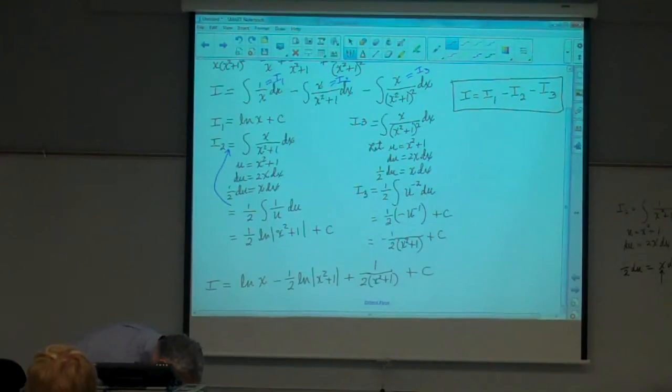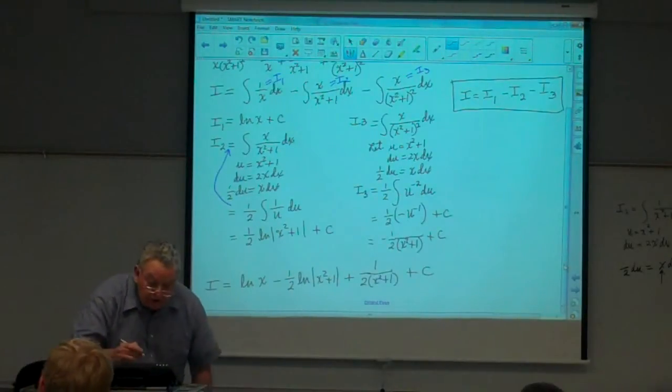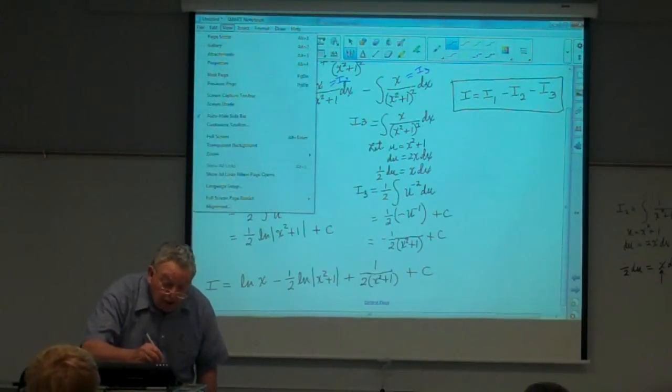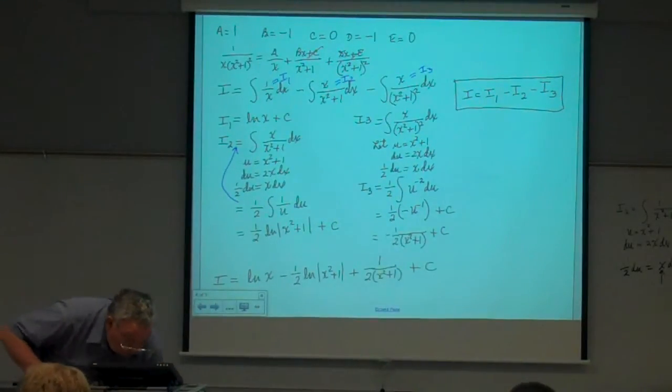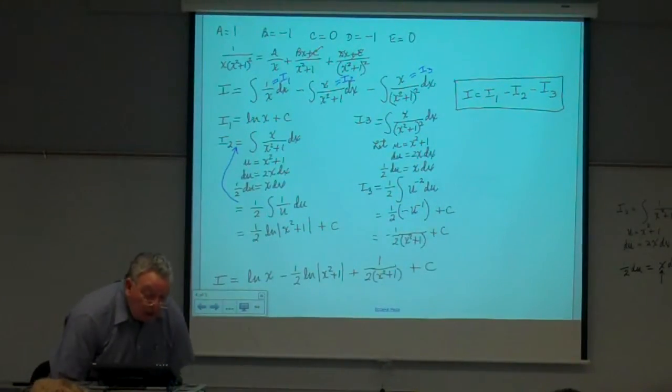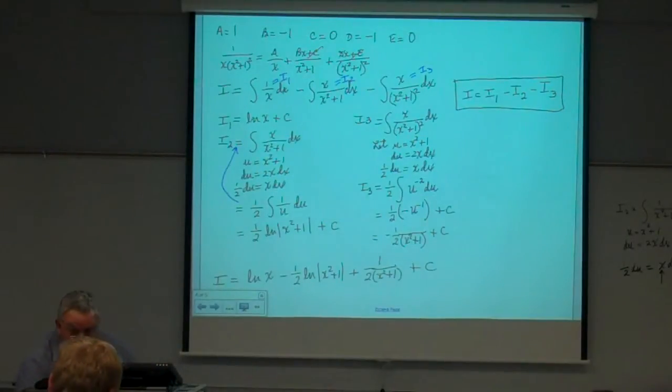The reason the book wanted to work this one is because it wanted to show you some tricks on how to find A, B, and C. We didn't need their tricks.